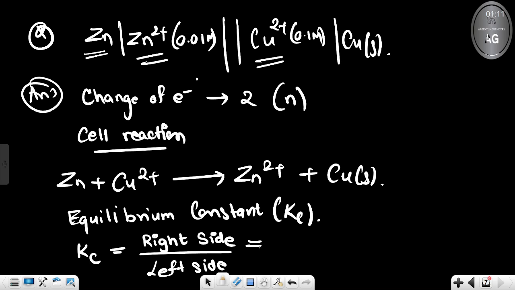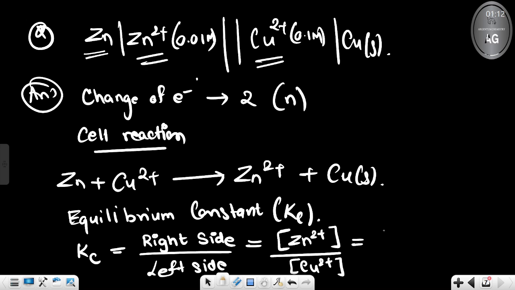One thing you have learnt in class 11, that metals are not considered while writing Kc, because their concentration is considered to be 1, including water also. Water is also considered to be 1, and metals we will not consider because that is also considered to be 1. So which ions we will consider? Only the ionic part. So this will become Zn 2 plus concentration divided by concentration of Cu 2 plus.